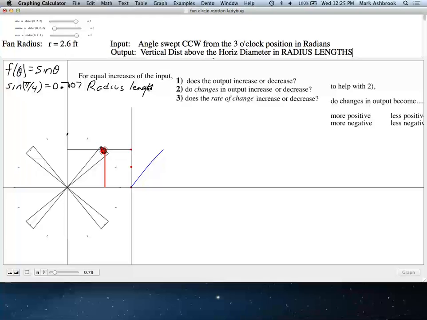And why does that number, 0.707, make sense with what we're looking at here? So he's saying it's 0.707 radius lengths above the horizontal diameter. How does that make sense? I thought it was 2.6 feet to the top. So shouldn't it be a lot higher than 0.707 at this moment? Adam? 0.7 is 70.7% of that 2.6. Okay, so he's calling this 70 as like a percent.